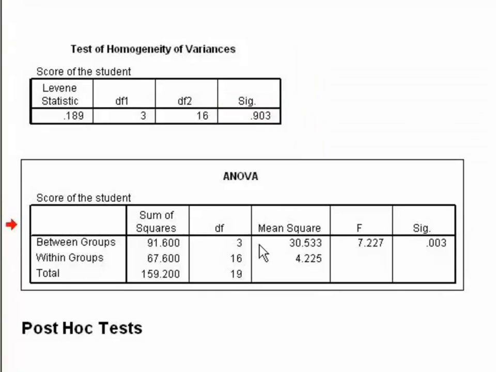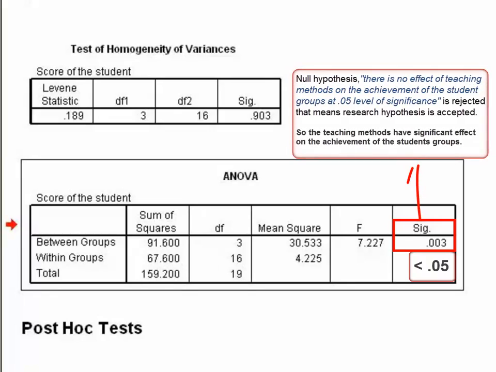In case of ANOVA, the sig value 0.003 is less than 0.05, which implies the null hypothesis is rejected. That means the research hypothesis is accepted. So, the teaching methods have a significant effect on the achievement of the students' groups, and this effect cannot be attributed to chance.